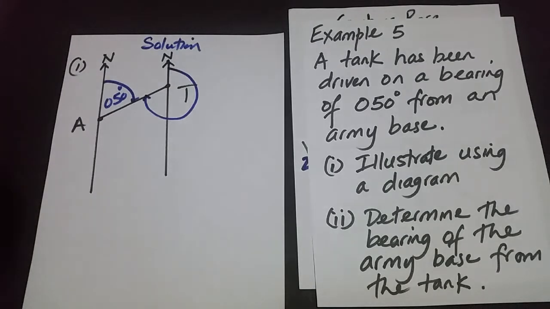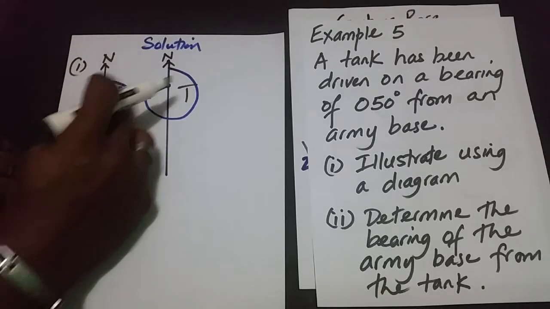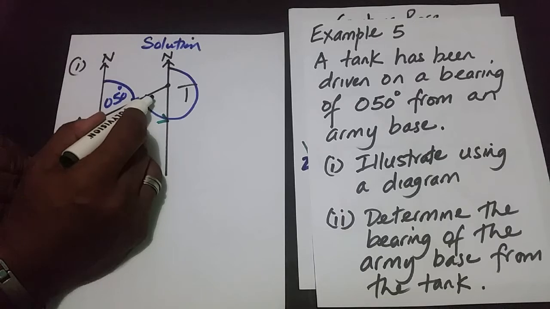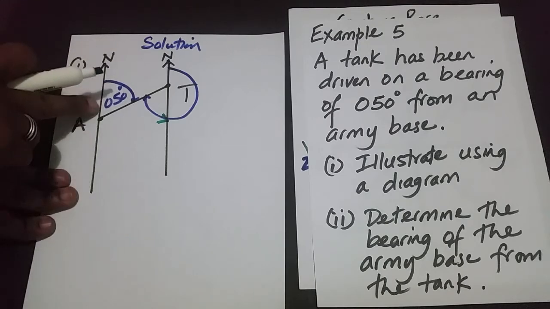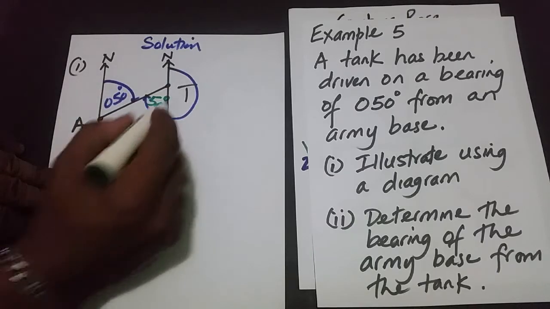Now again, we can break that massive angle into 2 pieces. Whatever angle is here, we're dealing with Z angles or alternating angles, that angle would be here. Now you don't put 050 here because this is not a bearing, it's just an angle, unlike this one. Remember, we have to indicate bearings with 3 figures. This is just an angle, so we simply put 50 degrees.